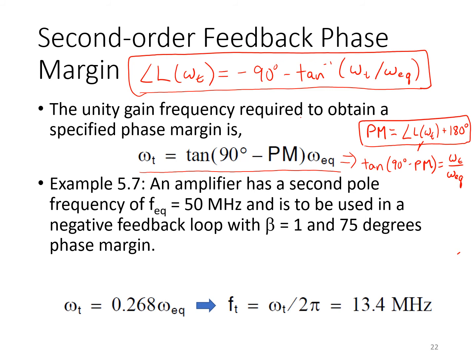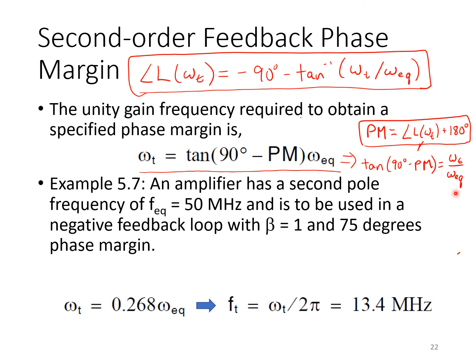So what you see from this expression is that in order to achieve a healthy phase margin, we have to make sure that omega T doesn't start exceeding omega EQ, right? When omega T equals omega EQ, this term becomes 1, and so therefore at that point the phase margin is 45 degrees.